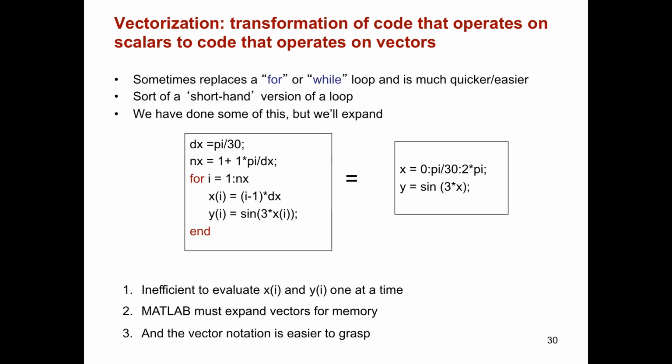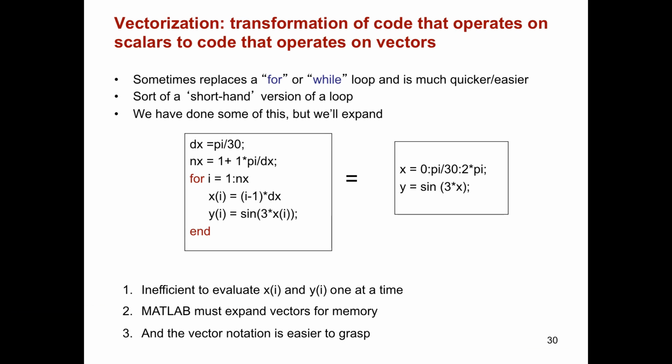If I actually wanted to implement that from scratch without this capability that MATLAB has, and we call this capability vectorization, I'm able to operate on vectors seamlessly, I would actually have to do this. I would have a for loop, and basically I would create my x elements and y elements on the go.